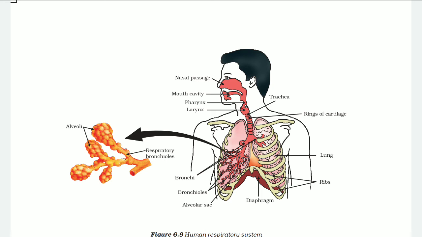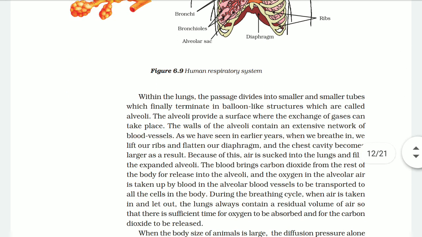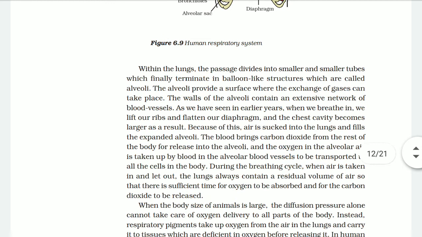The alveoli are balloon-like structures for the exchange of gases. Within the lungs, the passage divides into smaller and smaller tubes, which finally terminate in balloon-like structures called the alveoli. The alveoli provide a surface where the exchange of gases takes place.